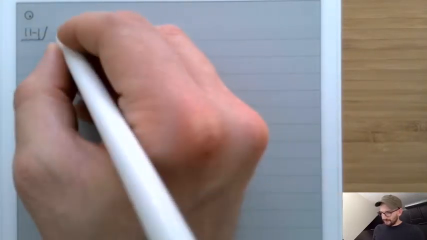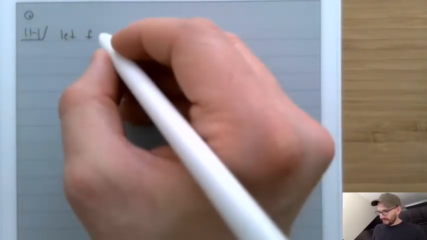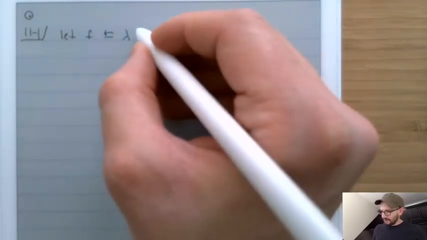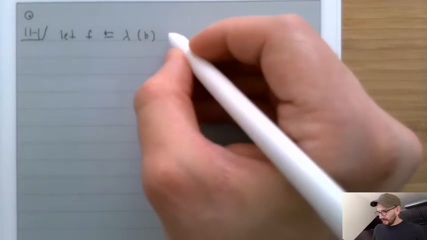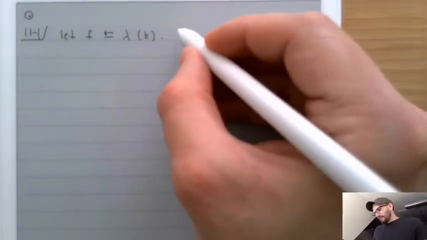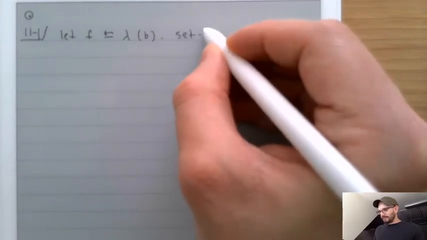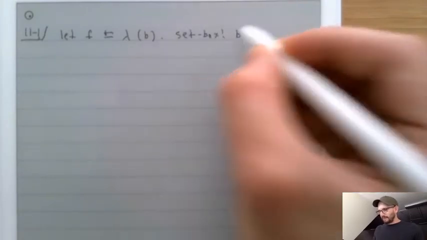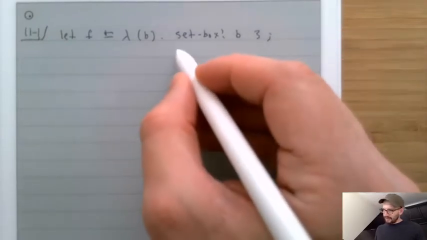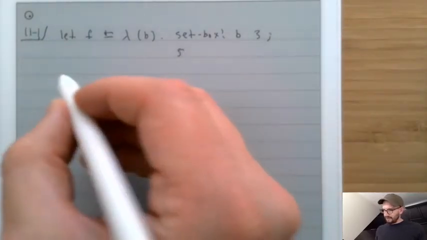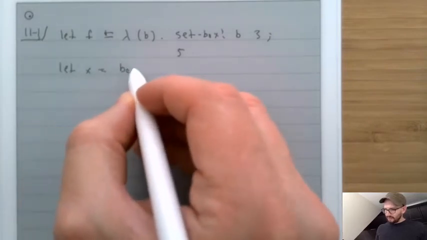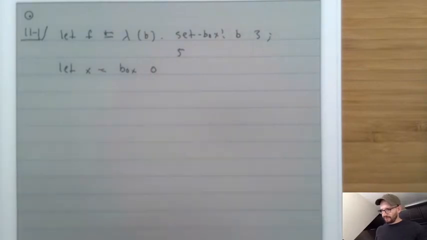We can write the program let f equal lambda b, and then what the code's going to do is it's going to say set box b to be 3, and then after that it's going to return 5, and then we can say let x equals box 0.